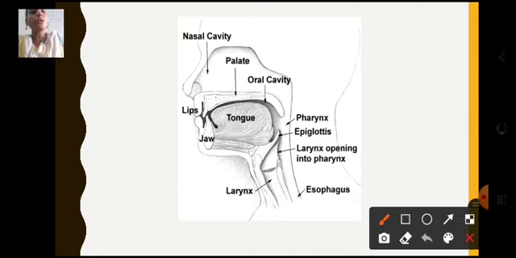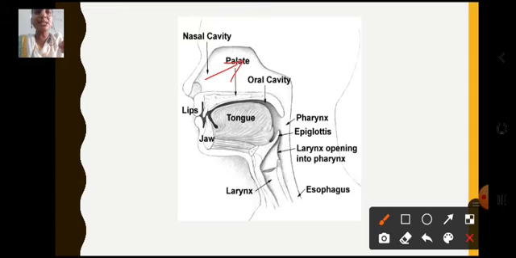Mucus is present all throughout the nasal cavity, which helps in trapping dust particles and other foreign particles which enter the nose when we breathe. Also, this mucus consists of an enzyme, lysozyme, which helps in killing the bacteria which have entered the nasal cavity through the air that we have taken in.